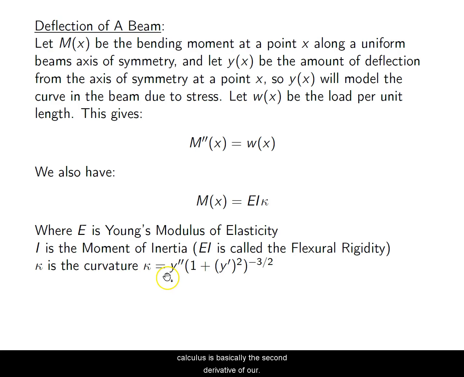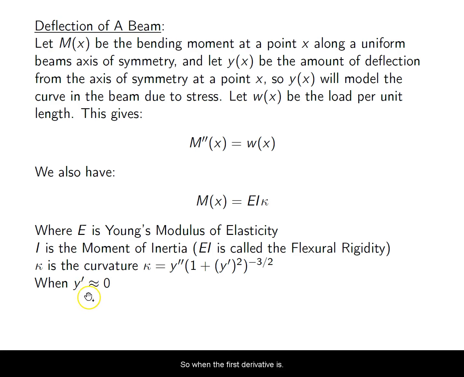It's basically the second derivative of our function that talks about the deflection, times 1 plus the first derivative squared, to the negative 3 halves power. Okay, so I decided to write it like this as a product form, but normally you see this as a rational function, right? So instead I just wrote it in product form. Same thing. This is negative, so this would be under the y double prime. Okay.